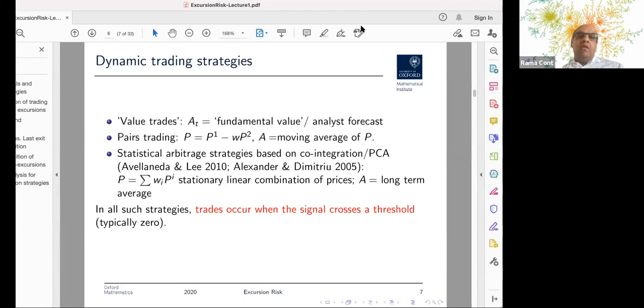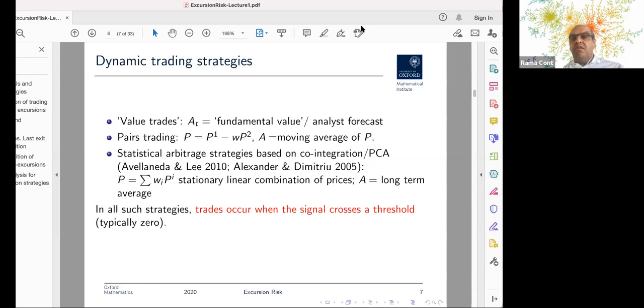I look for a linear combination or a portfolio of these assets, which has stationary behavior. Stationary means that if I can estimate its long-term average, it should somehow oscillate around this level A. And so if it's above A, it should go down to A. If it's below A, it should go up to A. So this gives me a way to forecast the direction of the movement of this portfolio.